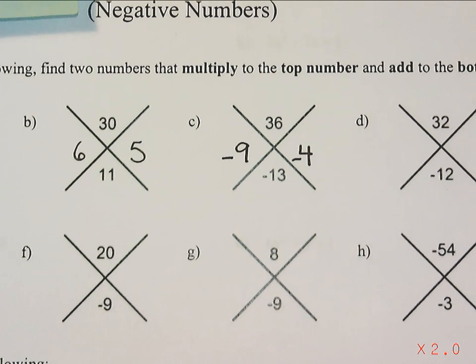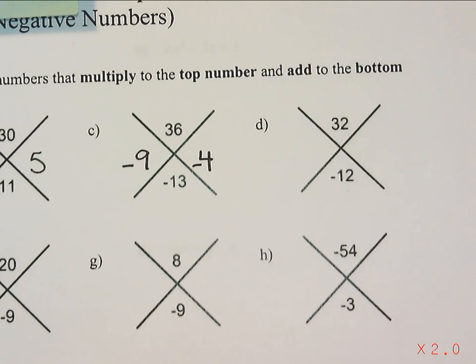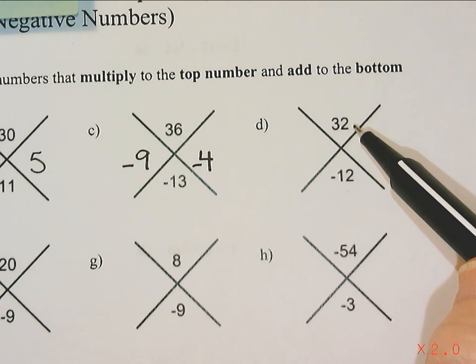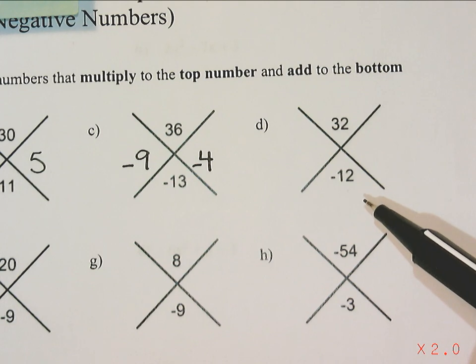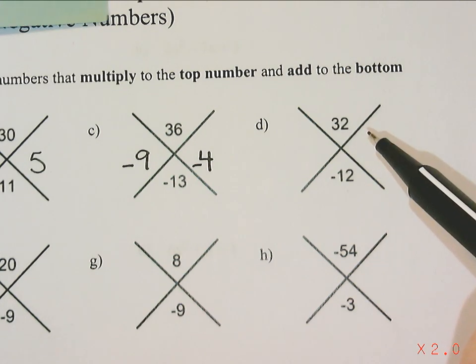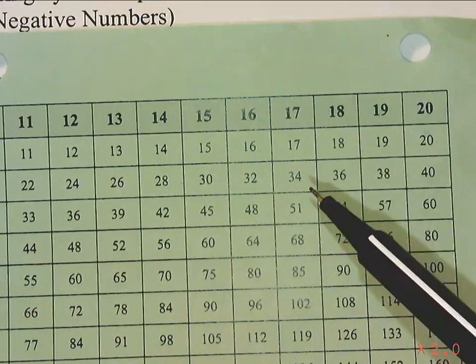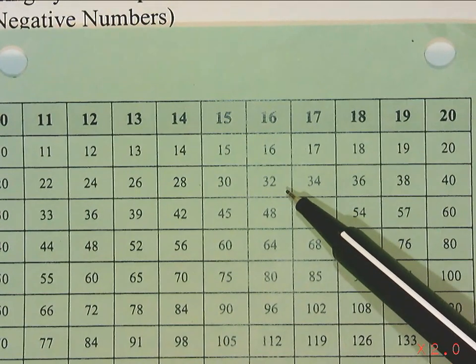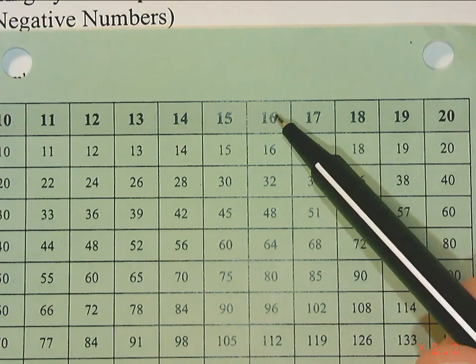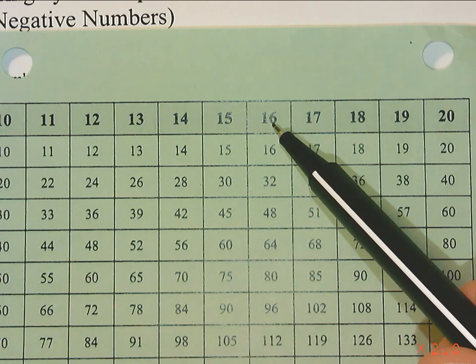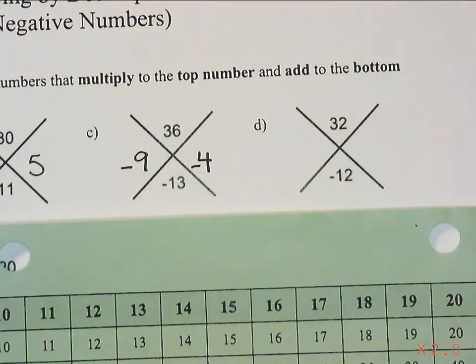All right, last one that we're going to do together, and then I'm going to have you try the row underneath on your own. We are looking for two numbers that multiply to 32 and add to negative 12. Things that multiply to 32, 1 and 32 always will work, but that's not going to add to 12. So let's see where else we can find a 32. 16 and 2 would add to 18, subtract to 14. Nope.